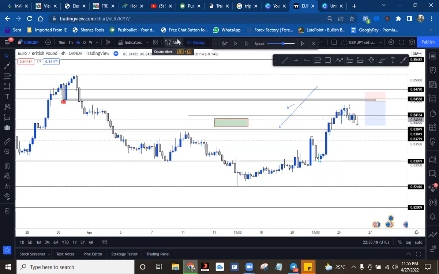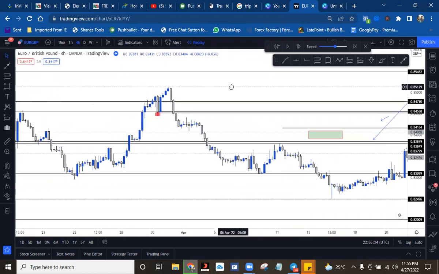Let's see. Here is the XMS alert. Here is the replay bar. Now, the replay bar is really very important, okay, because it helps you be able to test run your strategies, okay, and it's very, very interesting. For instance, let's say I want to test run my strategy, and once I click on replay, this line is going to come out.